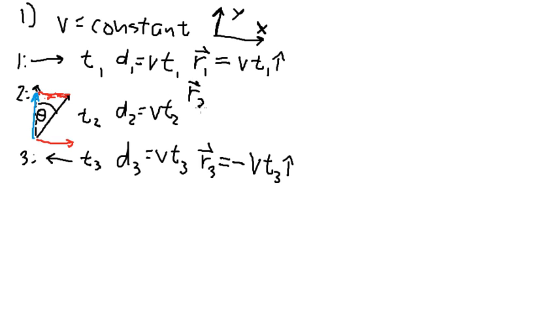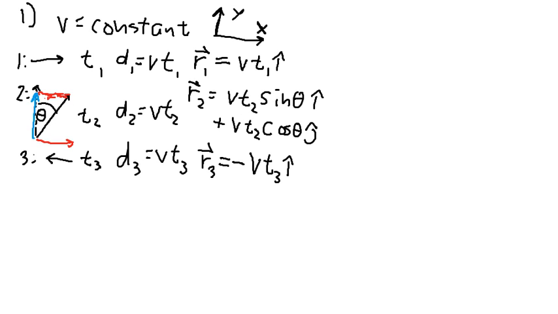So R2 is going to equal, this distance is v t2, and to find the horizontal bit we multiply it by sine of theta because the angle is measured from the vertical. So v t2 sine theta times i hat, and then the other part is v t2 cosine theta times j hat, and that's the vertical bit, the blue bit.